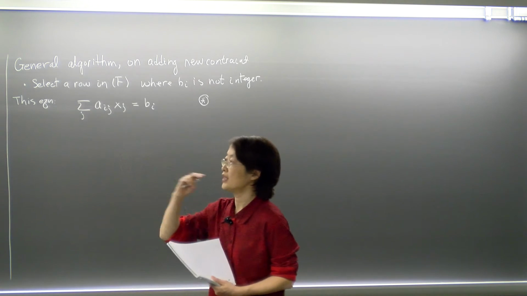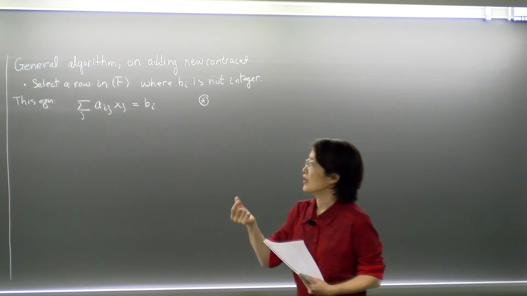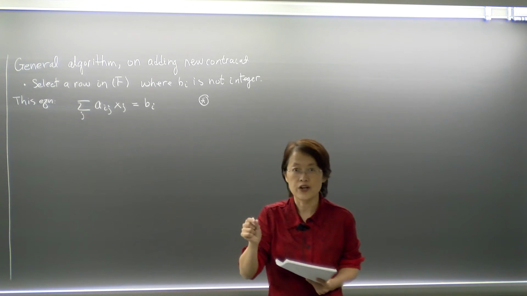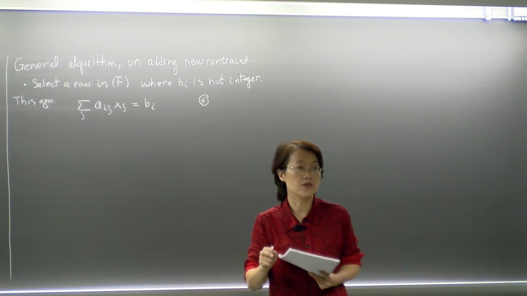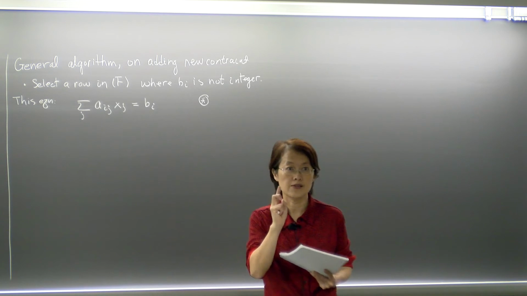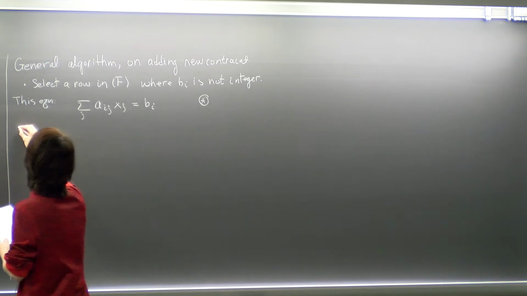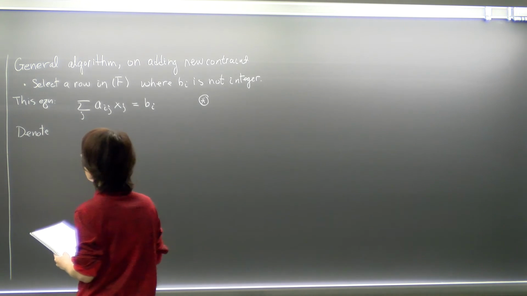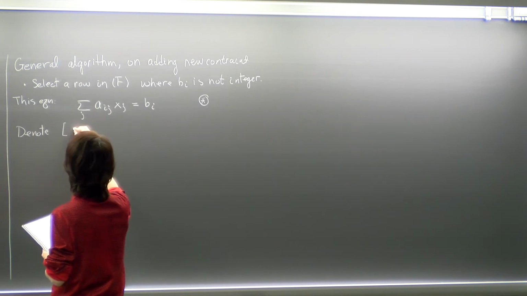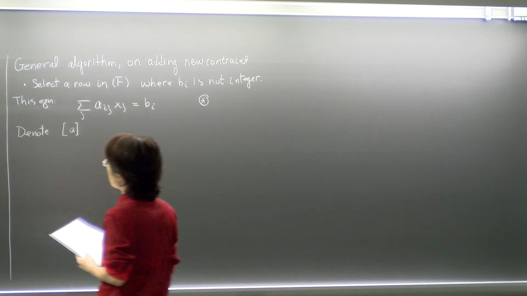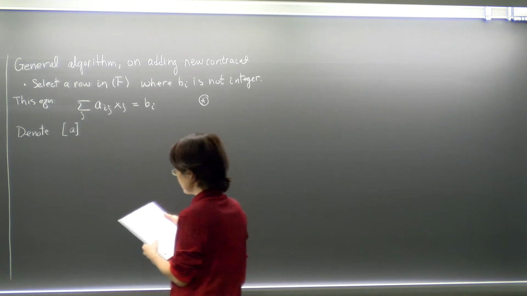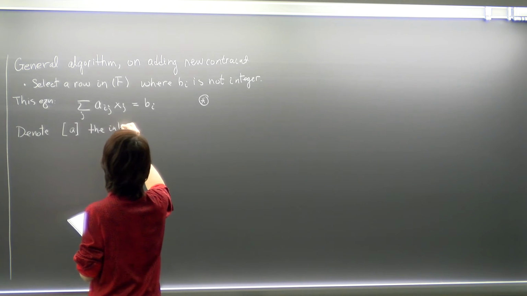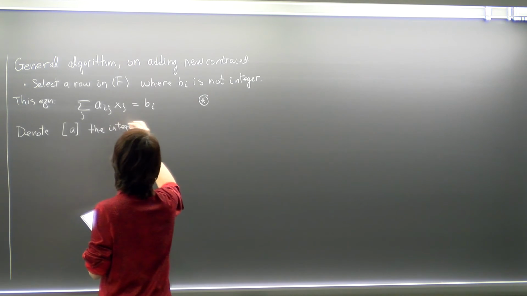You know what we did was breaking up all the coefficients into an integer part and a fractional part. Then I need to introduce some notation for those. Is that okay? So I will use this notation now. Denote, if I give any number a and I put a bracket around it, this will be the integer part of a.